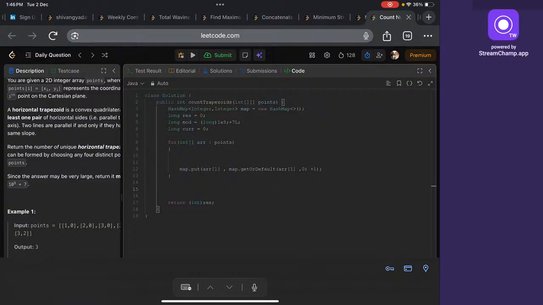Now I'm going to iterate on the hash map for map dot get int map dot entry integer comma entry comma map dot set. This will give me a record of the first value of the hash map.